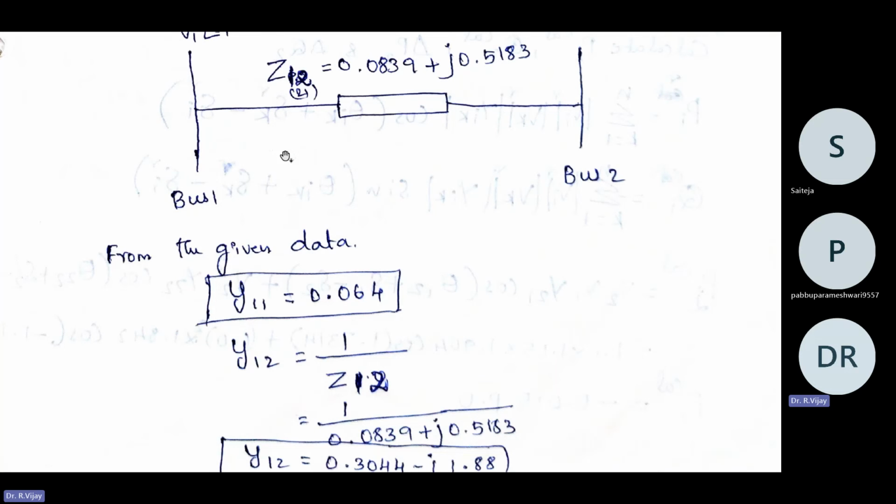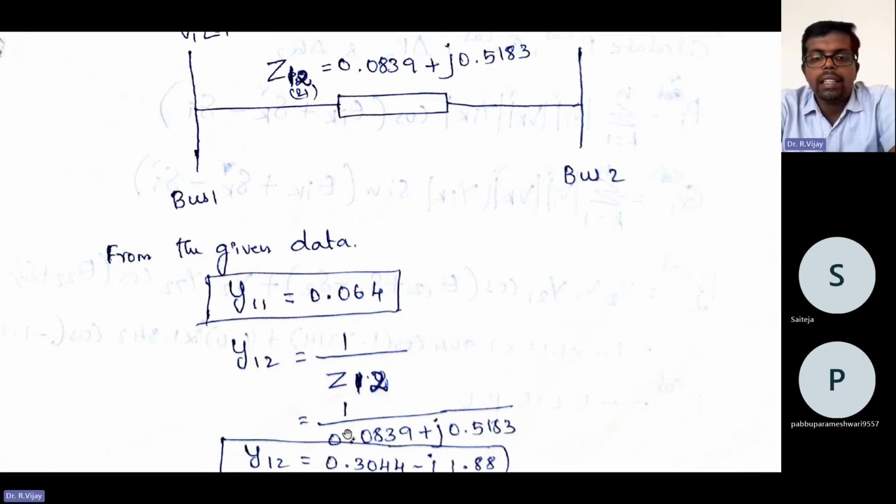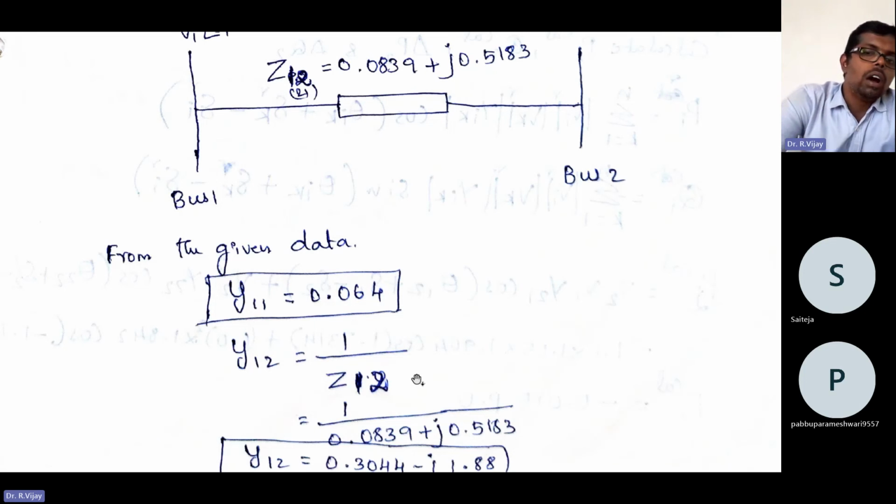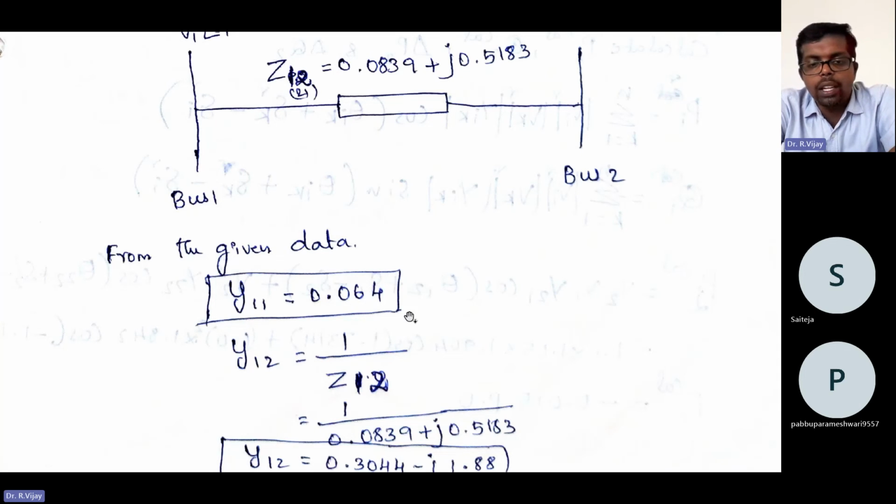While solving with your scientific calculator, you will get the answer as 0.3044 minus j into 1.88. Just tell in the comments whether you got the same answer or not. I rounded off here, but you better don't round off. Take the value as it is given in the problem.